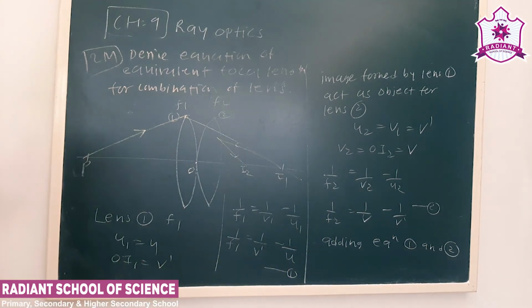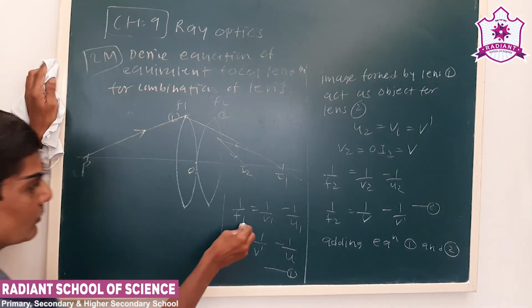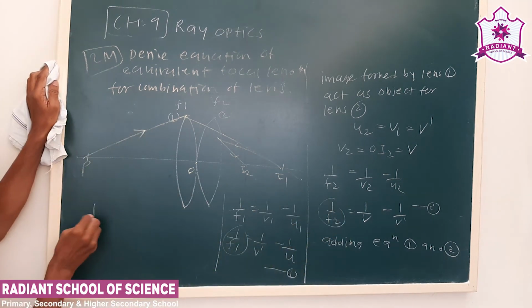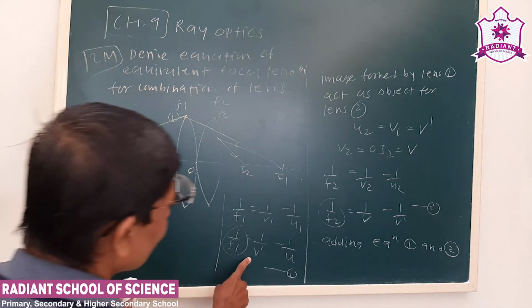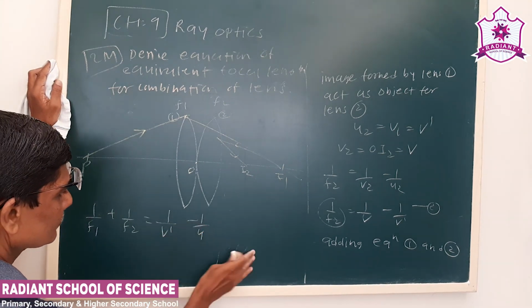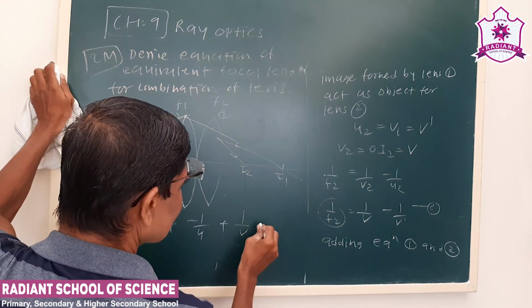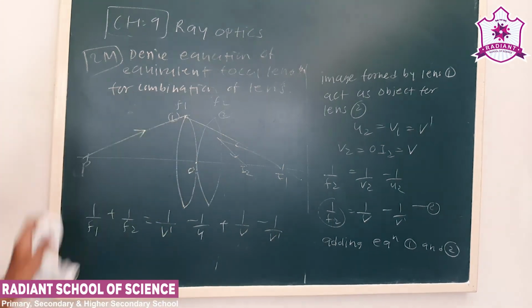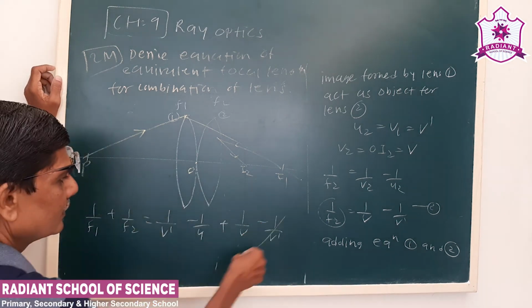Now see, the left hand side is 1 upon f1 plus 1 upon f2, which is equal to 1 upon v dash minus 1 upon u, plus, from the second equation, 1 upon v minus 1 upon v dash. What can we see here? There is a negative sign here and a positive one there, so they cancel.